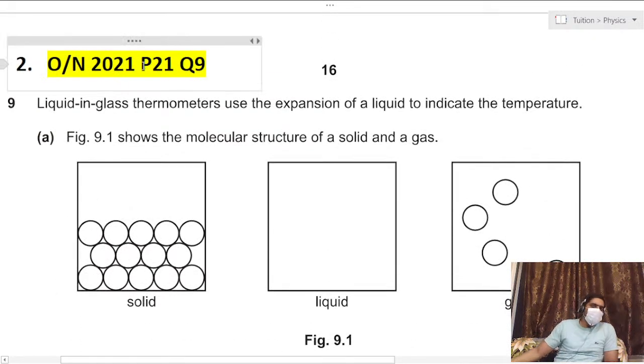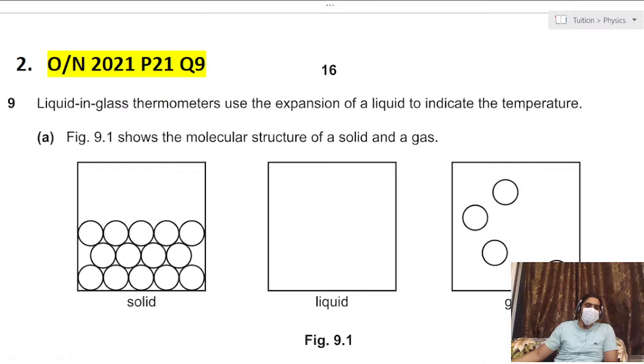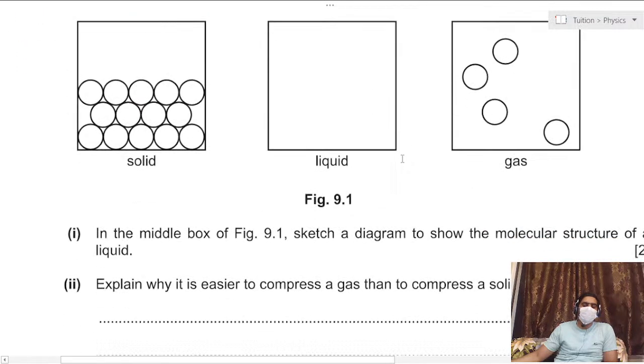This one is from October November 2021, paper 2-1, question number 9. All right, so it's another recent question. Liquid in glass thermometers use the expansion of a liquid to indicate the temperature. Figure 9.1 shows the molecular structure of a solid and a gas.